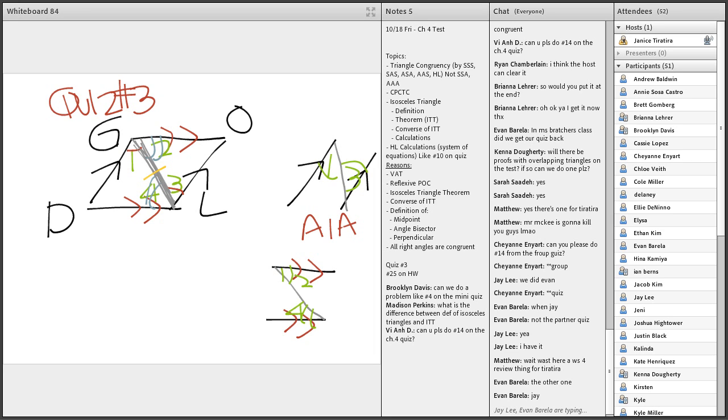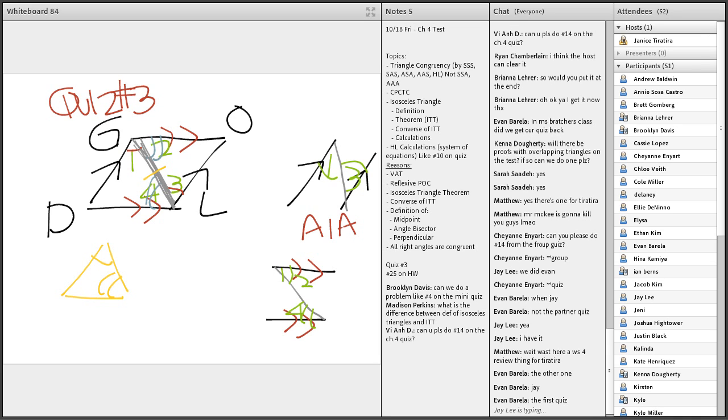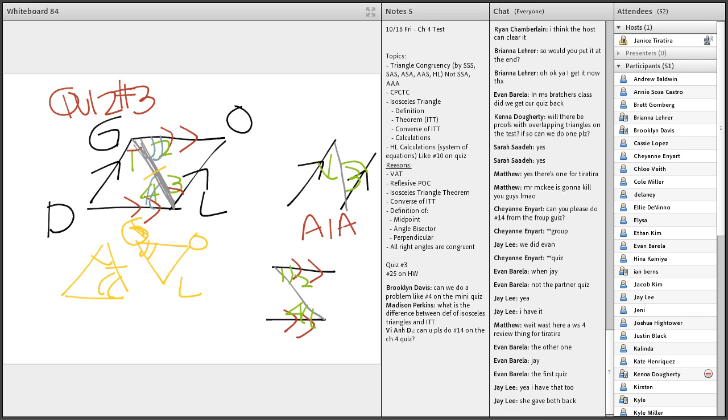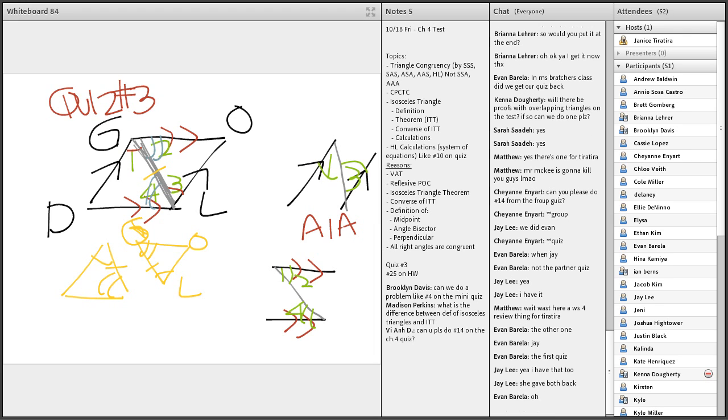Boom. So if you split up the picture, GDL, and I'm splitting up OLG, so double and single, these are congruent. These two are congruent by angle side angle. So this is number 3. So triangle GDL is congruent to triangle blank, blank, blank.